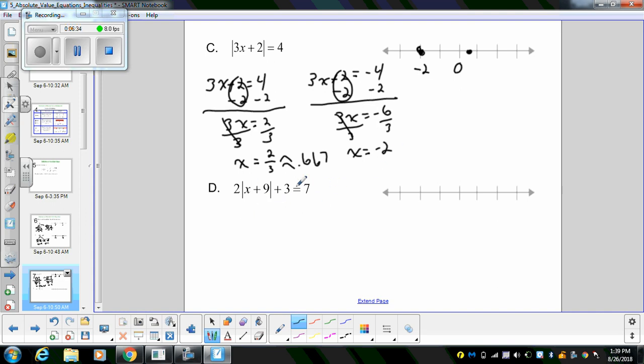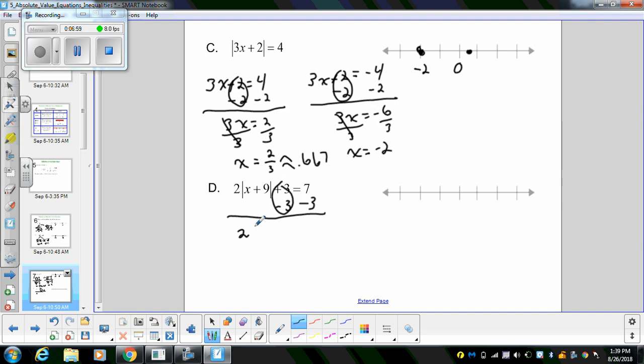Before you can actually make your two separate equations, you got to isolate the absolute value inside. So what we're basically going to do right now is solve for just the absolute value expression. The way we're going to do this, get rid of our constant first by subtracting 3 on both sides.